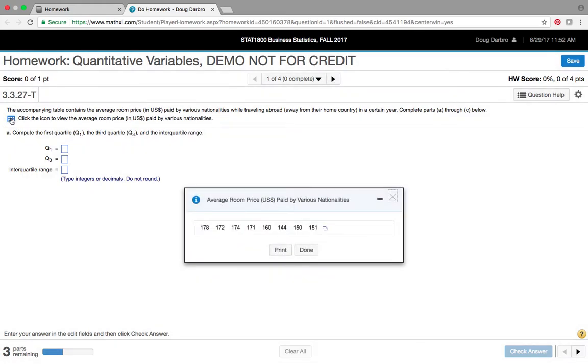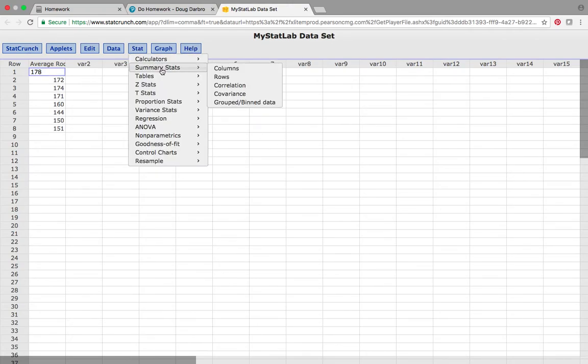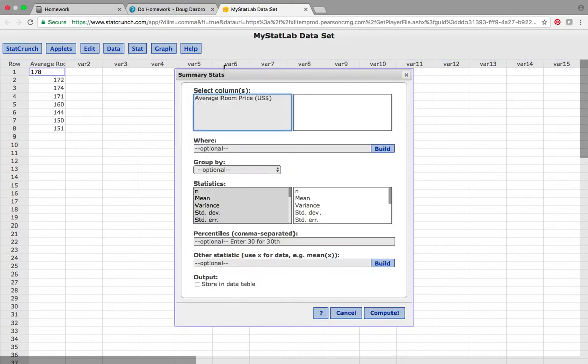Well, our data is right here. And, you know, I can go through here and put these in order by hand and calculate all this stuff by hand, but I don't want to do that. I want to let StatCrunch do that. So I'm going to open up in StatCrunch. And I am going to go Stat, Summary Stats, Columns, choose the variable, and then I'm going to choose the things that I need.